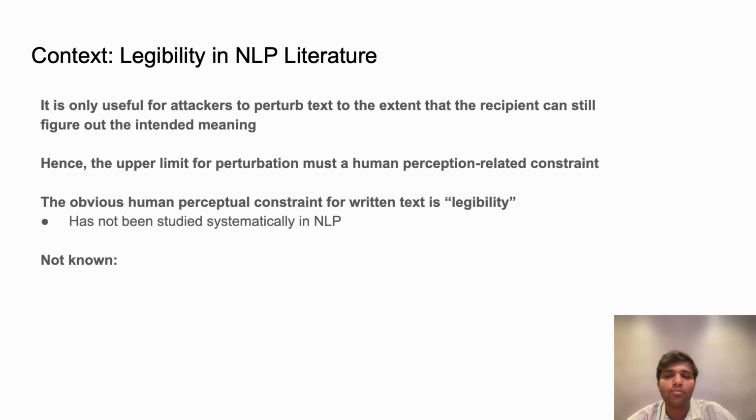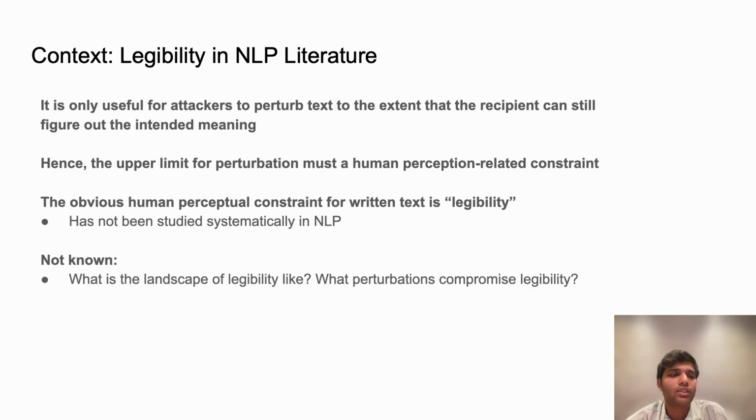In the literature, the legibility of perturbations in these visual attacks is usually enforced by some loose intuitive assumptions by the authors about what kinds of transformations to text are likely to preserve legibility. And what happens is that this often results in very conservative attacks, like substituting only one or two letters in a word, or doing simpler substitutions like adding accents to characters and so on.